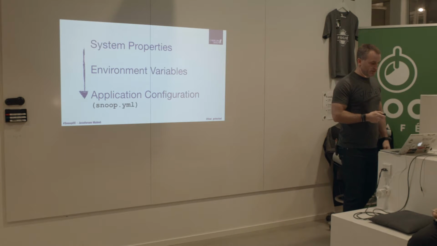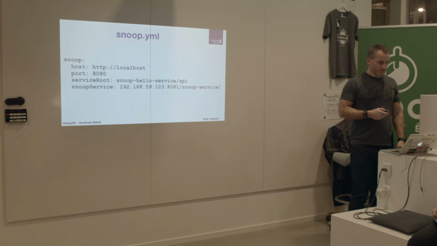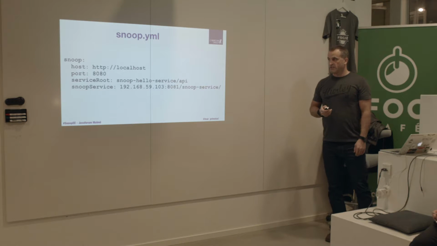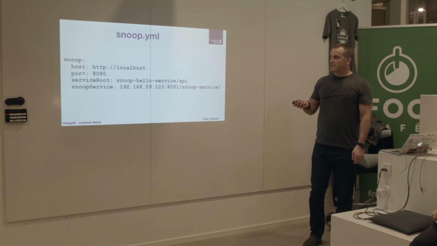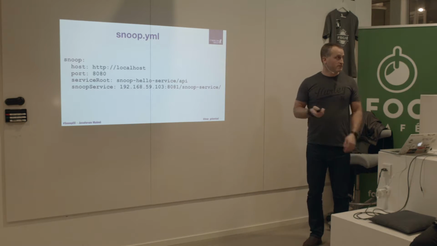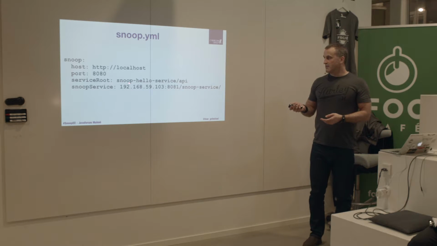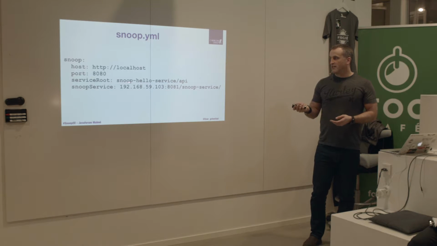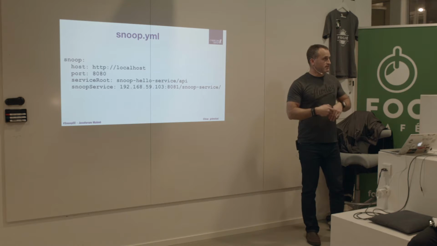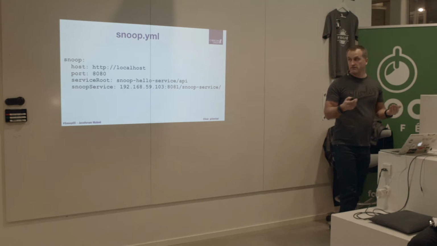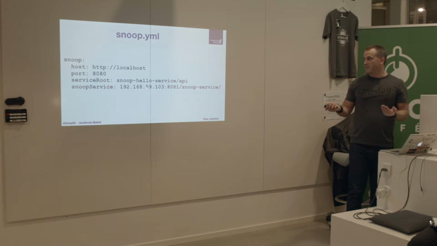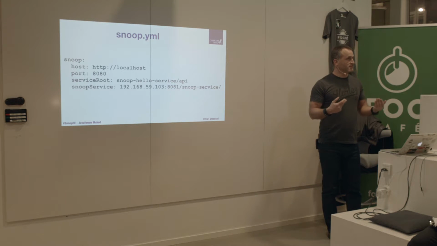And what does this configuration look like? It has these four configurations. It needs to know which host the service is running on. It needs to know the port number. It needs to know where to find the REST services. And it also needs to know where to register myself. Where is the Snoop service? Snoop is a discovery service.